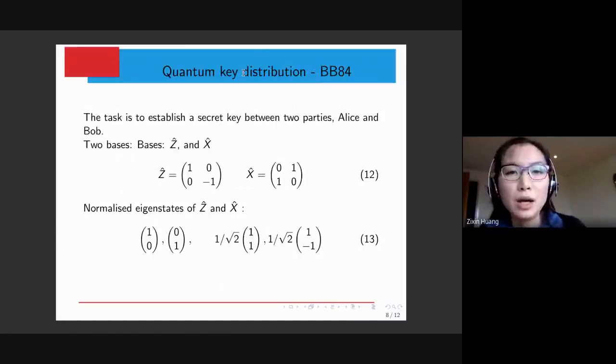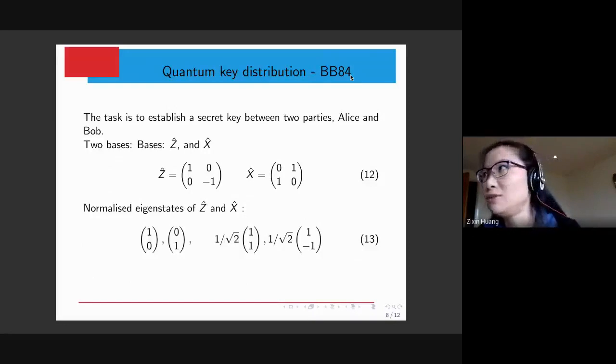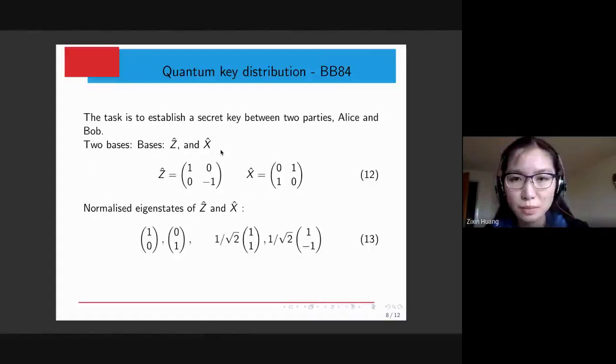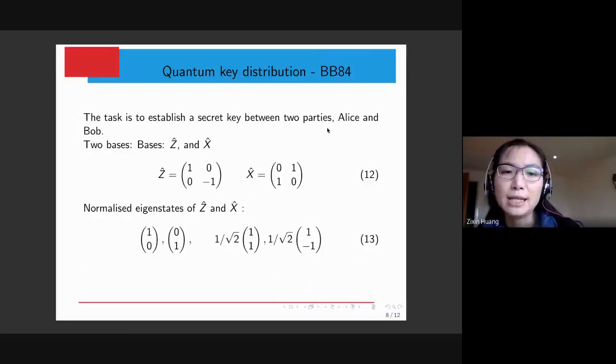So we have our quantum key distribution protocol, BB84. This is named after Bennett and Brassard, who invented this protocol in 1984, I believe. So the task here is to establish a secret key between two communicating parties who are conventionally named Alice and Bob.